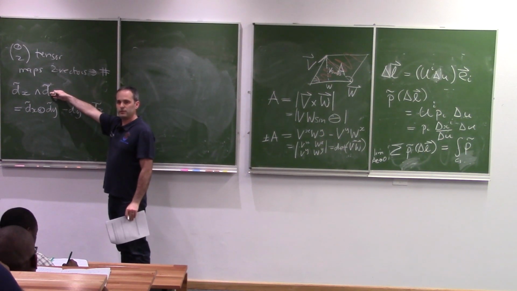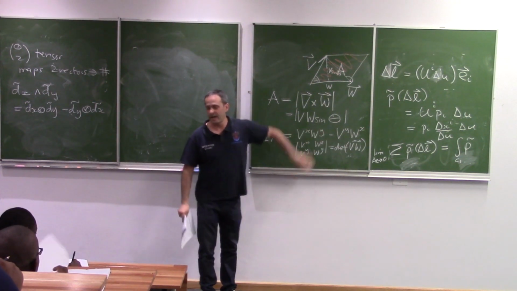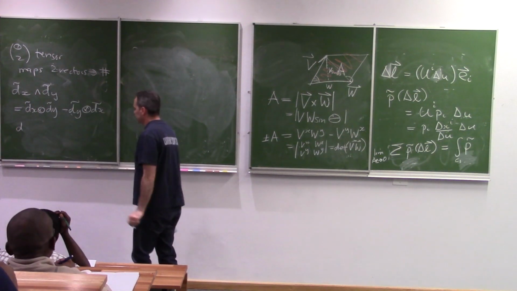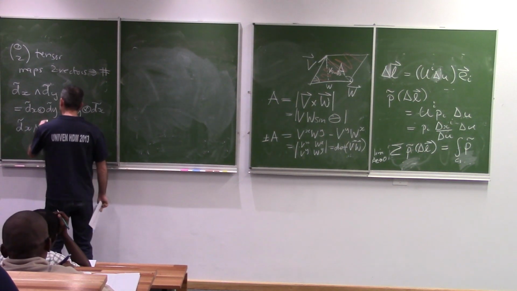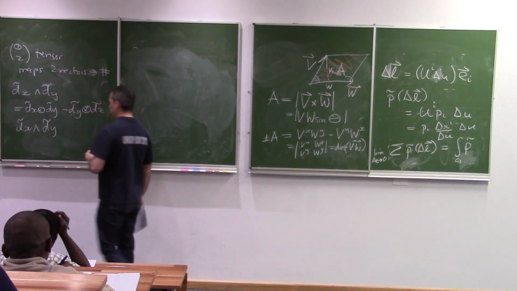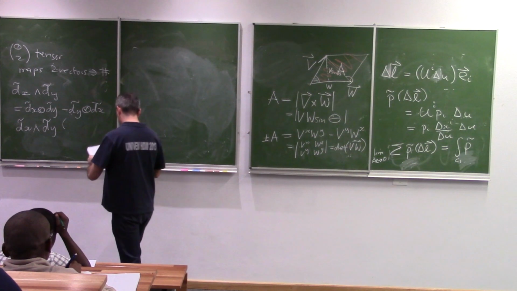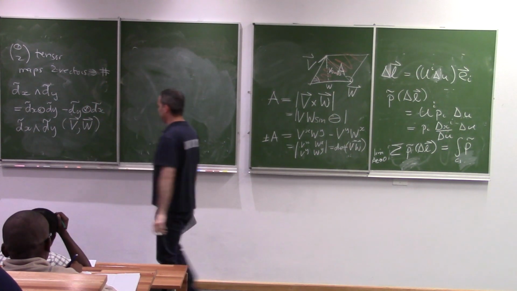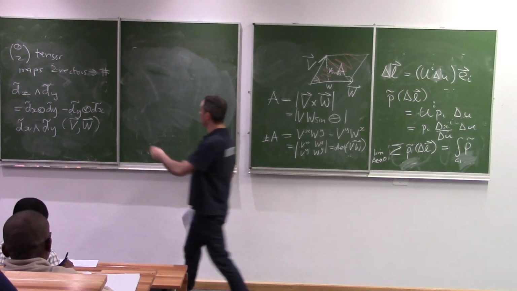If I feed this 0-2 tensor two vectors, it's going to give me precisely the area up to a sign. So let's just see how that works. Also, it's a good exercise to see how that works so we can get used to our notation. Let me feed it a vector v and a vector w, and I'm going to do this the long way.